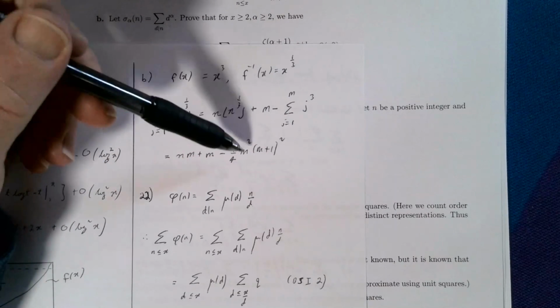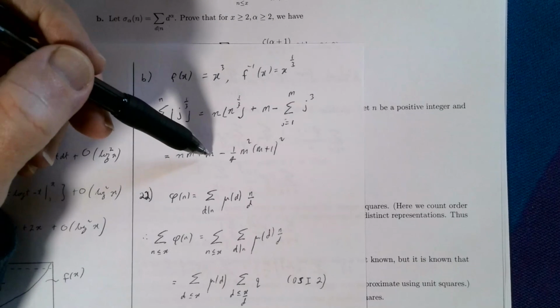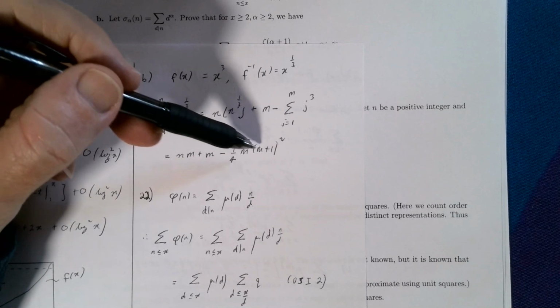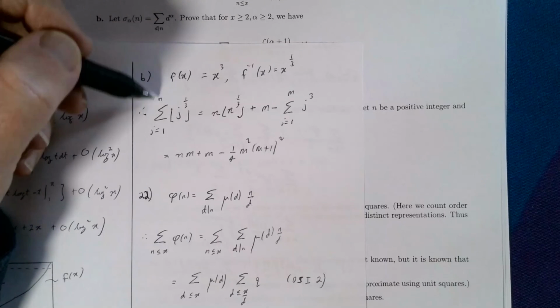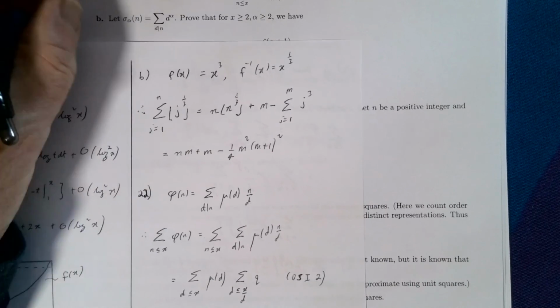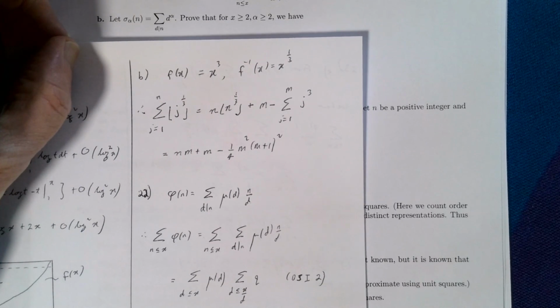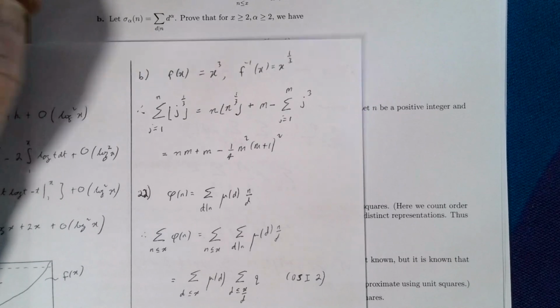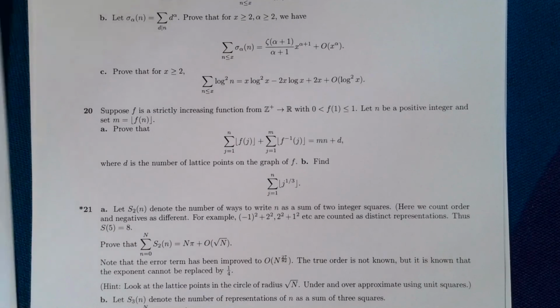It's easy. So this is just n times m plus m minus 1/4 m squared times m plus 1 squared. And you might like to check that. You put, say, n equal to 27. You might like to check that this actually gives you the right solution there. So that's up to question 20, and that's all for this section.